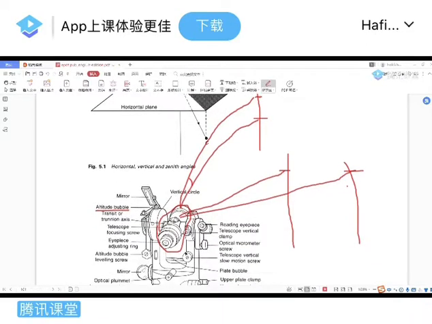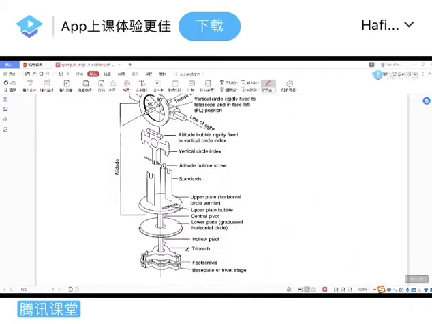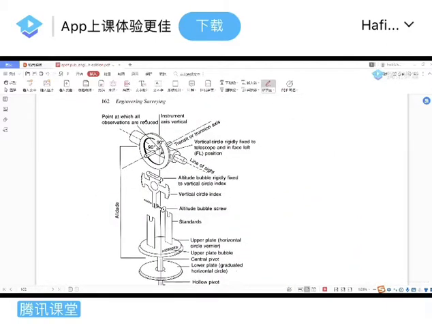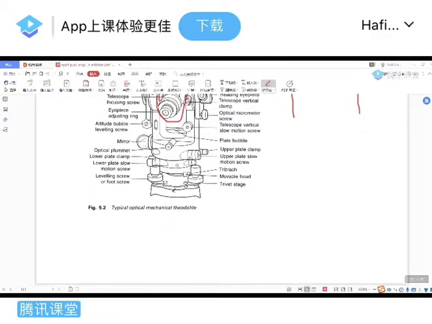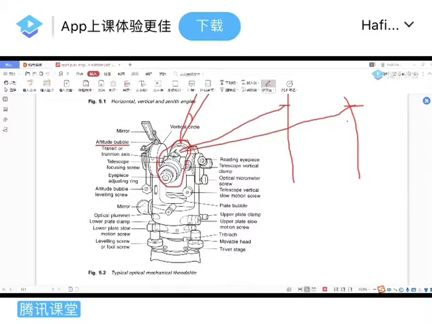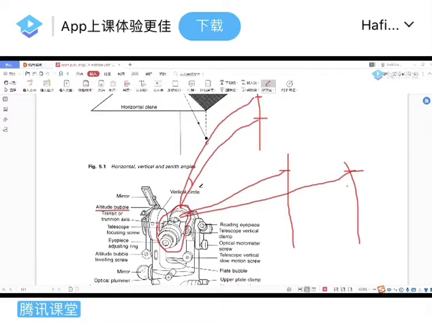The machine will record the angle based on what? Based on this kind of thing. They fix something, and then if you turn it up and down, it'll record how much angle you turned. There is one fixed, and then you turn up and down, and they'll know how much angle you turned. Then we record this one, so you can easily get the angle.